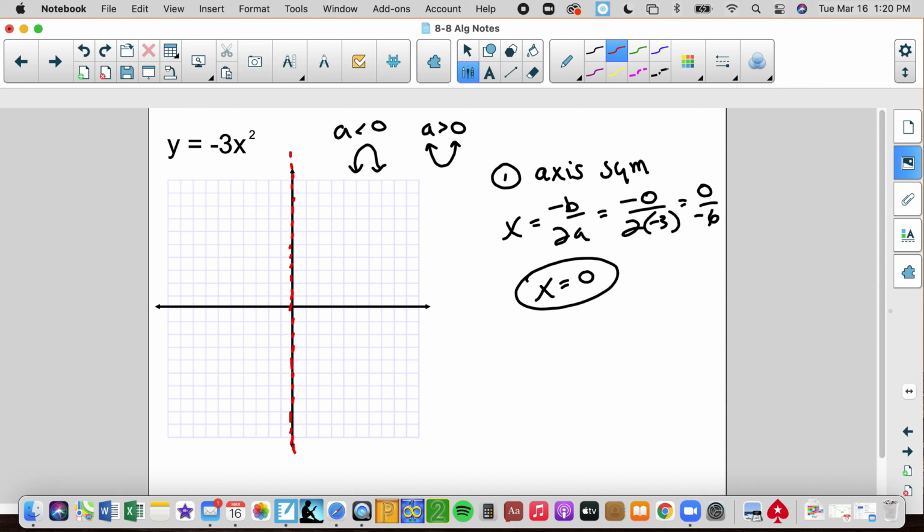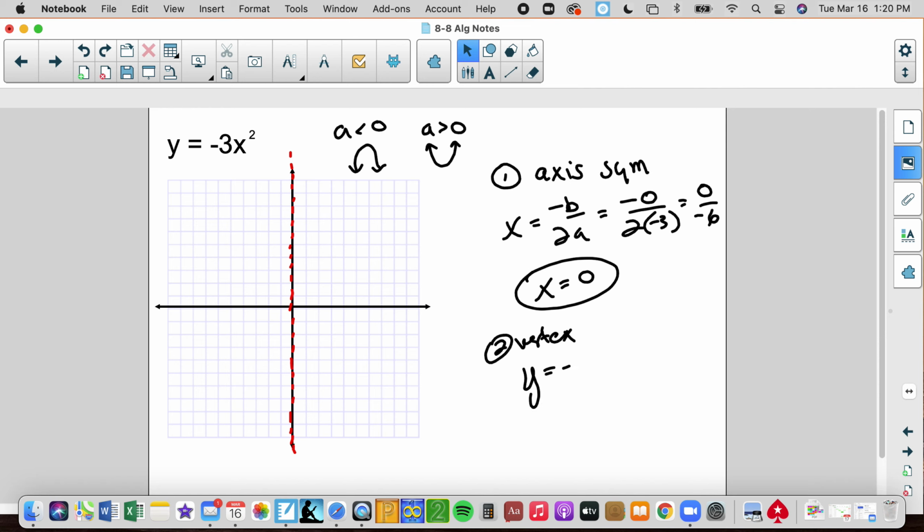So that's my axis of symmetry. Let's find the vertex. So for my vertex, I'm going to plug 0 in for x. That's -3 times 0 squared. I'm going to square 0 first, and then multiply it by -3. So I plugged in 0 and I got out 0. So my vertex is going to be 0, 0.